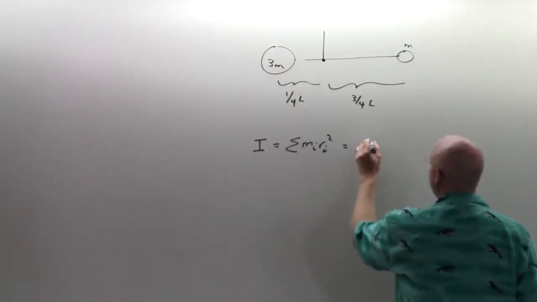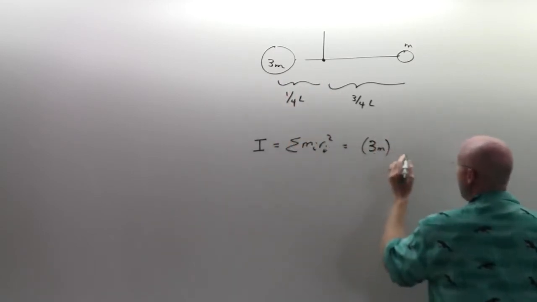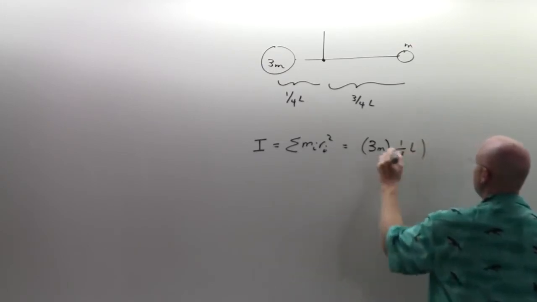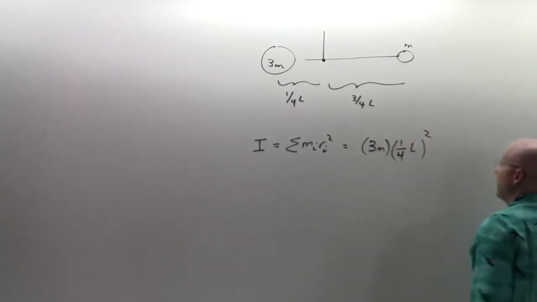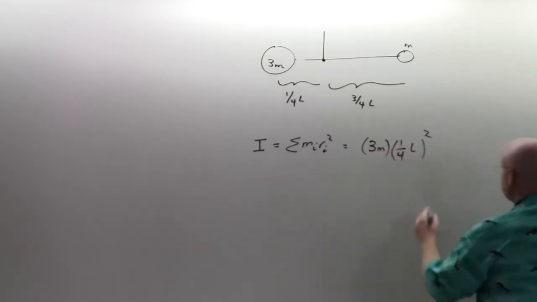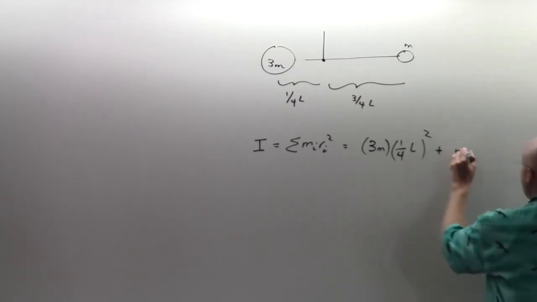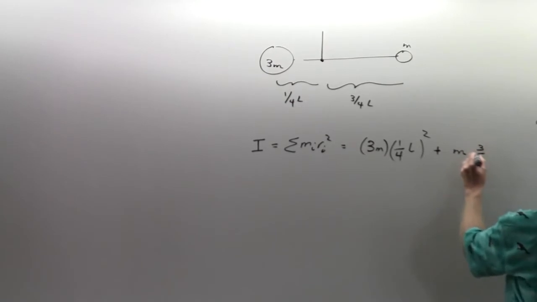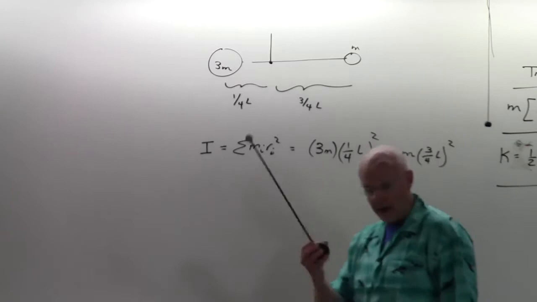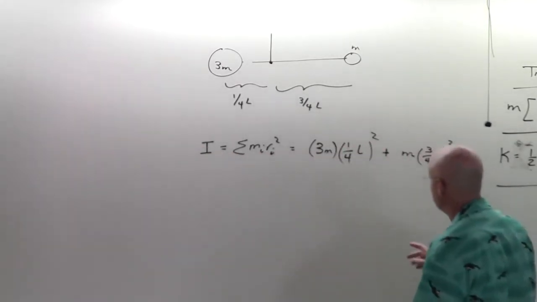So my first object has a mass of 3m, and it is a distance of 1/4 of the length of the rod. And so that would be my first term. And my second term would be m, and it would be at 3/4 the length of the rod. And so there's how I would get the moment of inertia of this one.